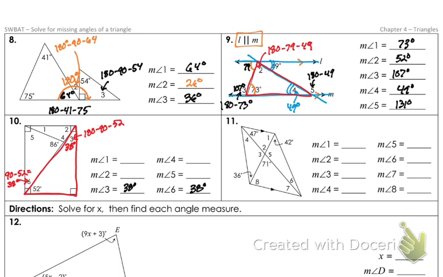So I know this one, right? And we also know this one, right? So I could go 180 minus 38 minus 86. Perfect. And what do we get if we do all that?